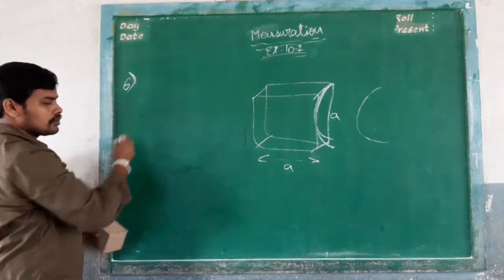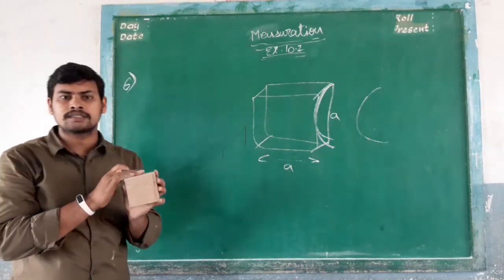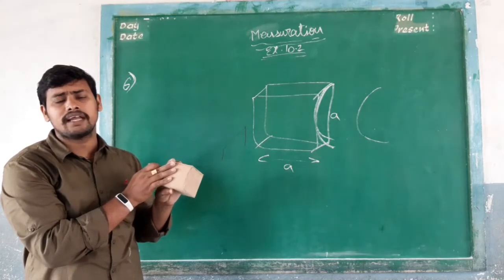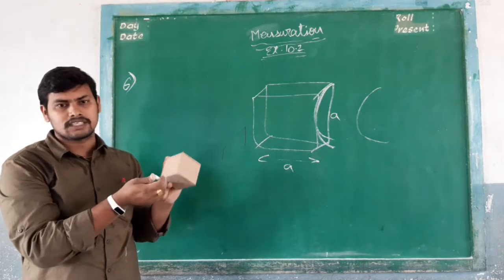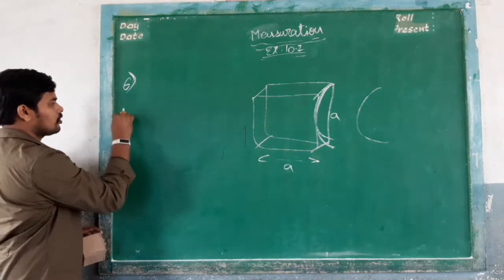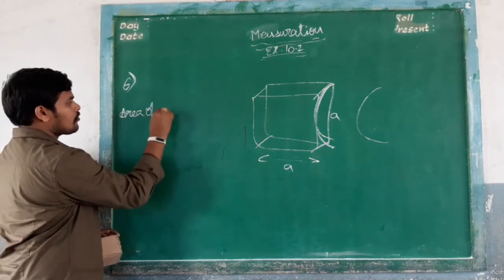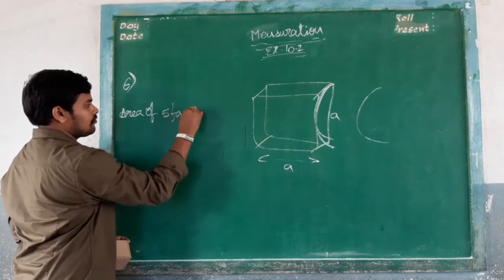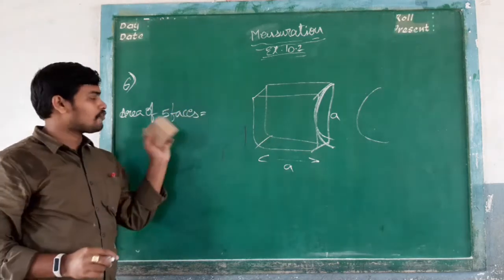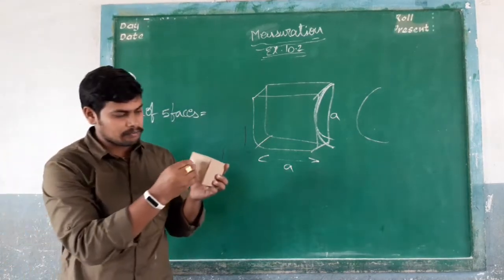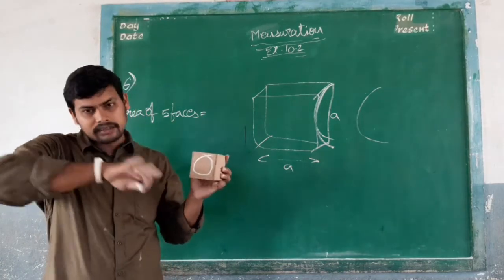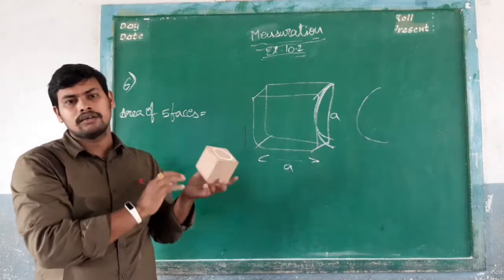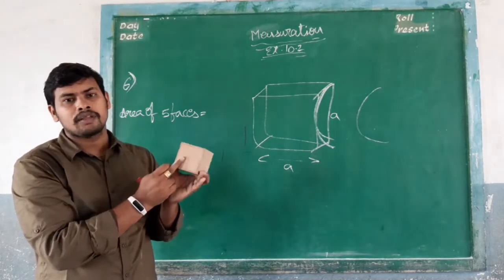So what is the shape of one face? It is in the shape of a square. What is the area of the square? Area of the square is A square. So the area of 5 faces: from this side I have to cut the hemisphere, and the other 5 sides are all squares.